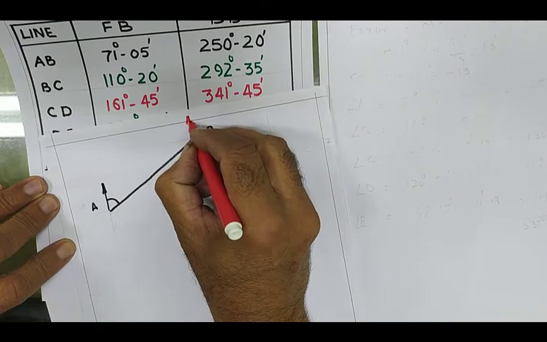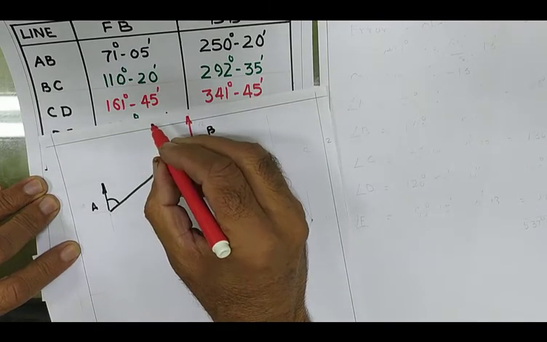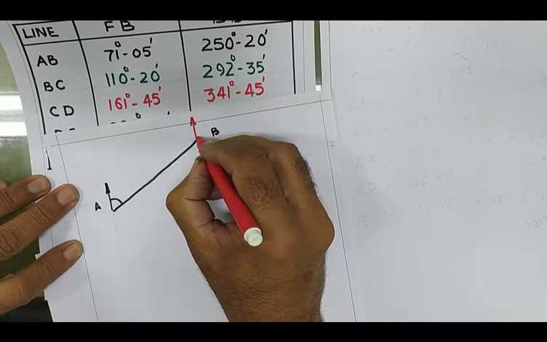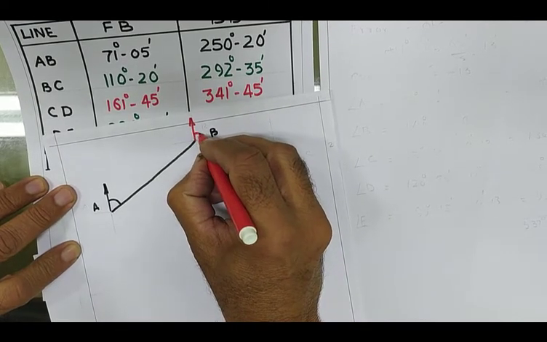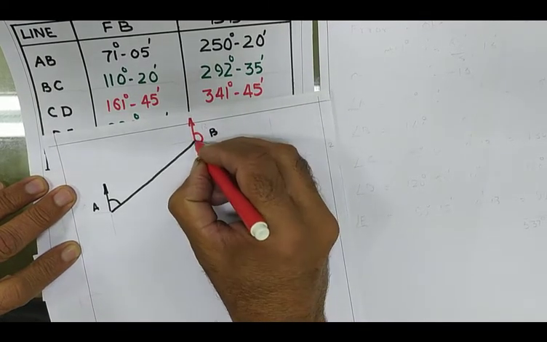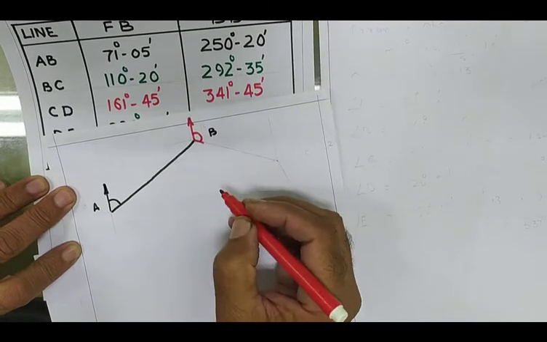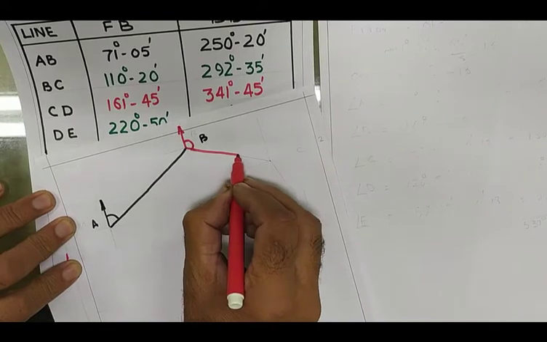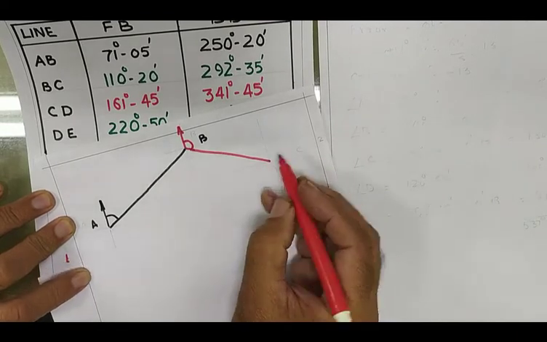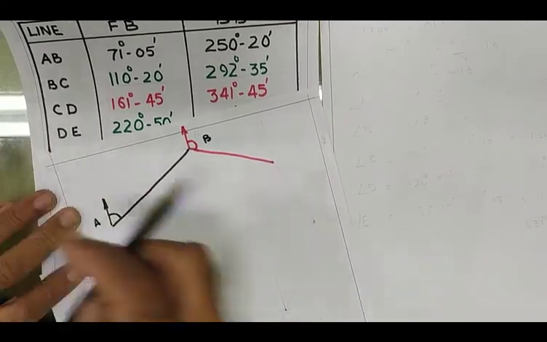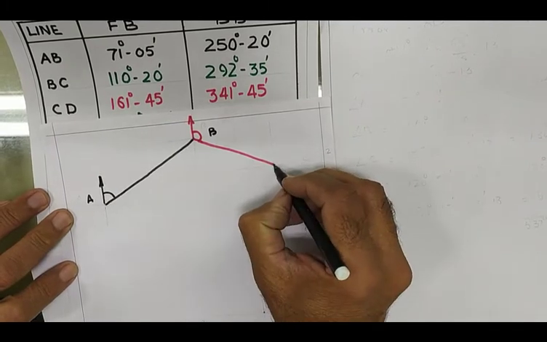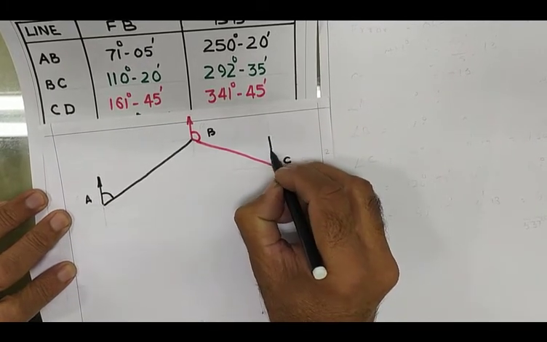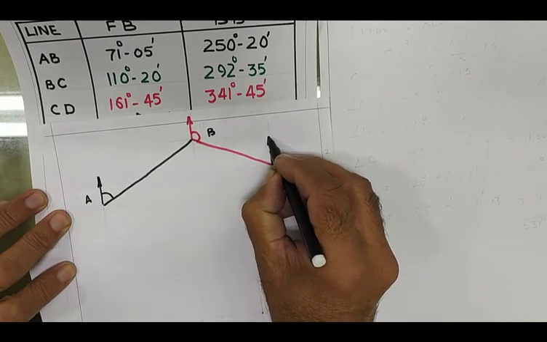Then the fore bearing of line BC is 110 degrees 20 minutes. So you can take a proportional angle like this. This angle is more than 90 degrees, or you can say it is 110 degrees. Then suppose any point C. At C, again you have to draw the north.